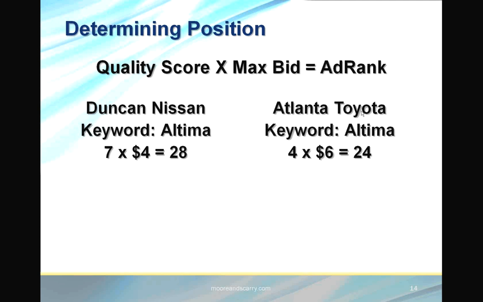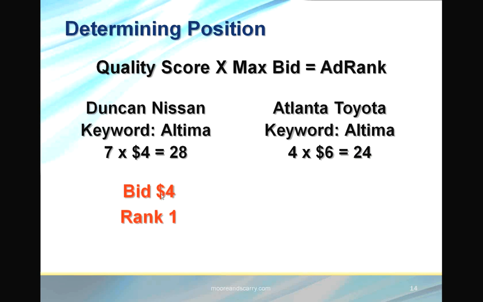Let's say Atlanta Toyota is competing against me, and they want to buy the keyword Altima to bring you to their Camry inventory. Well, clearly someone searching for Altima isn't as relevant to a Toyota site. So they have a quality score of 4. But they'll bid more than me. They'll bid $6 to my 4. They end up with an ad rank of 24.